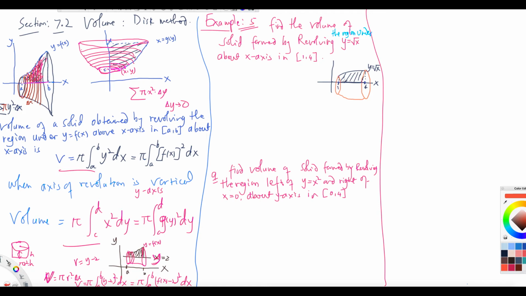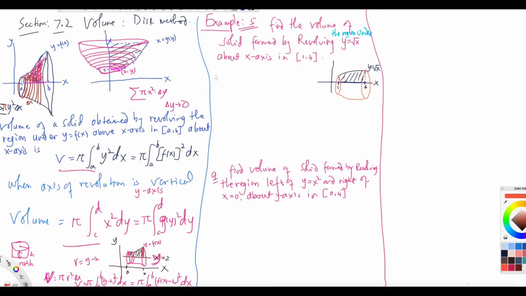It is a solid similar to a cylinder, but not exactly. So we are finding the volume between 1 and 4, revolving around the x-axis, and that is the formula we will use.